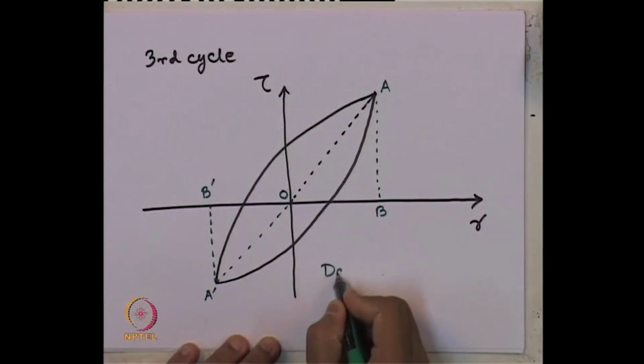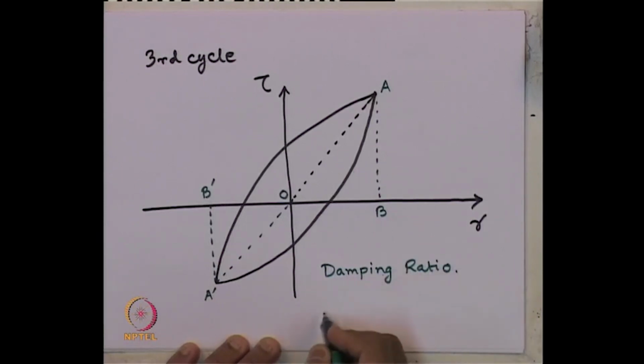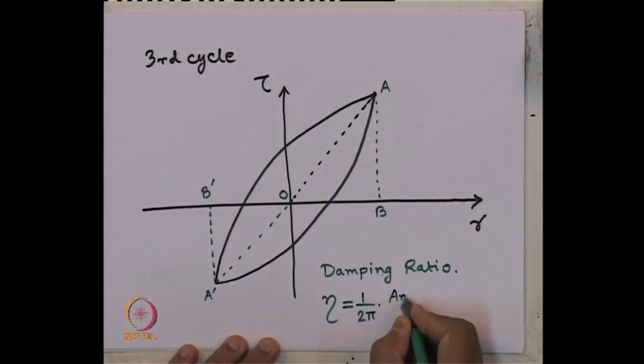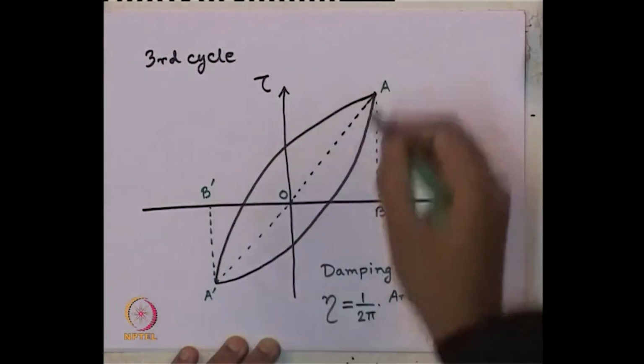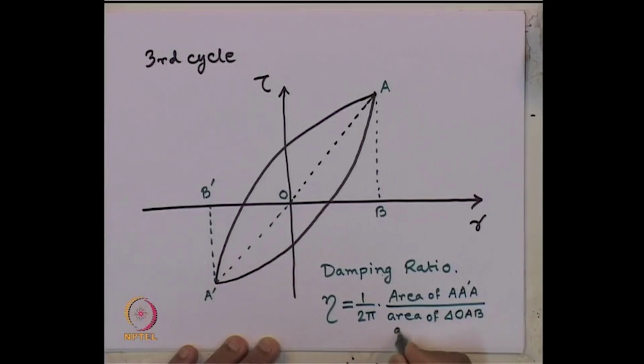So, damping ratio, if we express it by eta, that is given by 1 by 2 pi times area of this hysteresis loop, that is area of A dash A, that hysteresis loop, divided by area of triangle OAB and OA dash B dash.